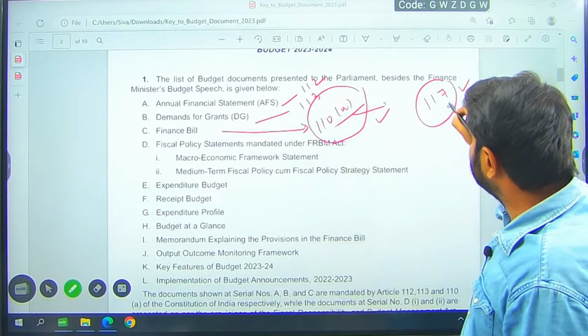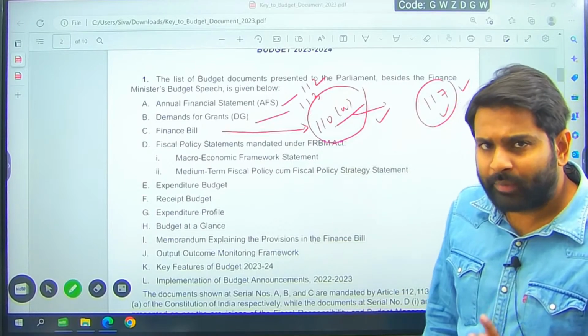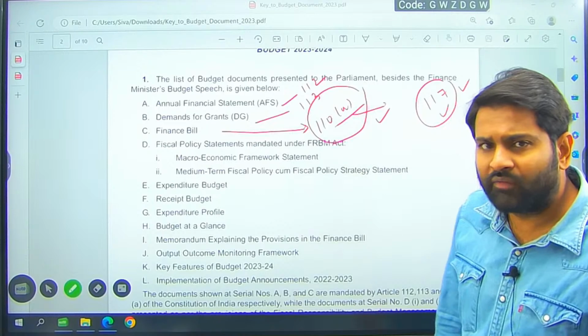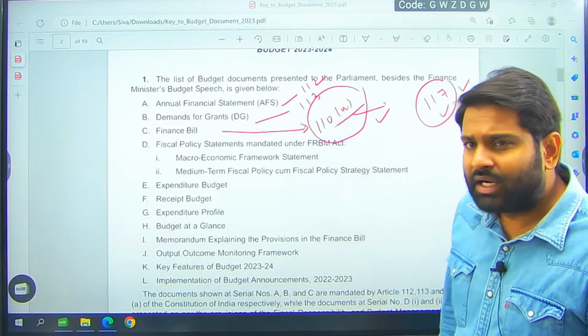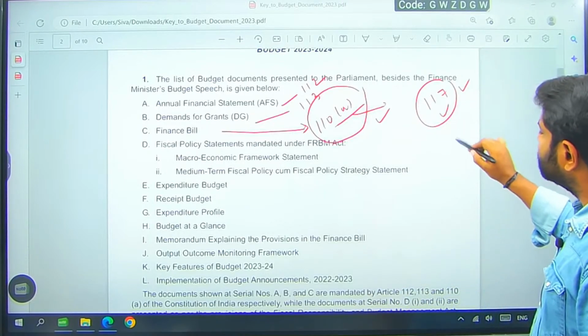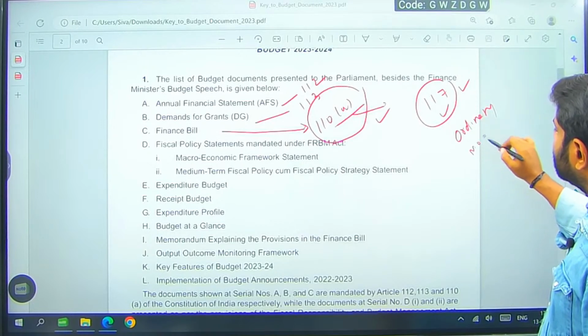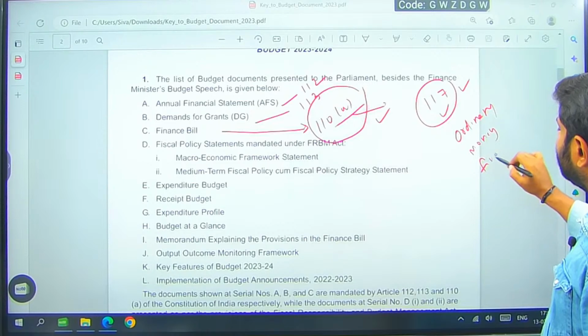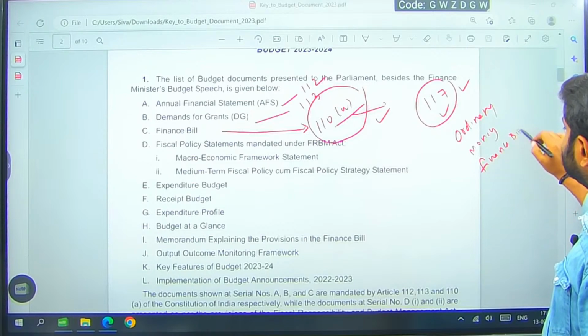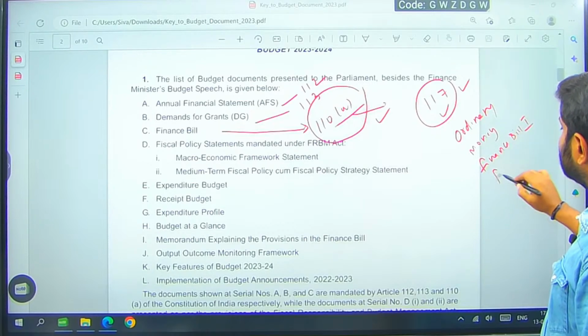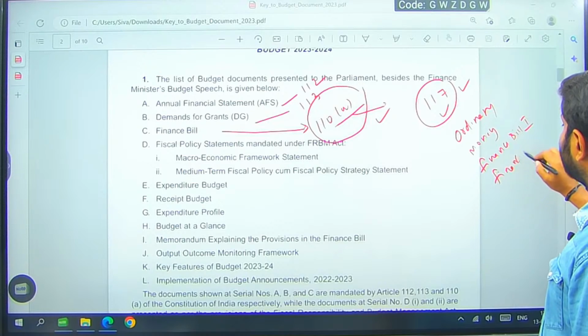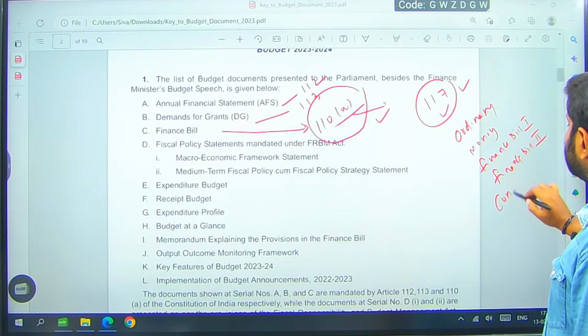So apart from that, in 117, there are two types of financial bills, financial bill 1 and financial bill 2. As I said, in polity, we have different types of bills. One is ordinary bill, the second one is money bill, the third one is finance bill type 1. There are differences in procedures of introducing them and getting assent from the President and constitutional amendment.